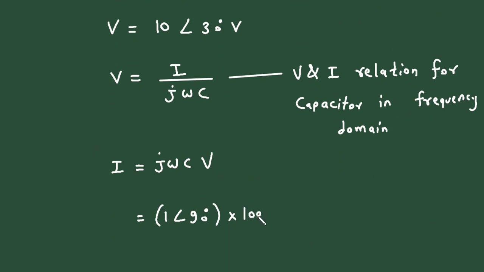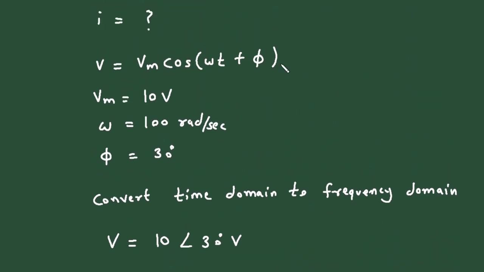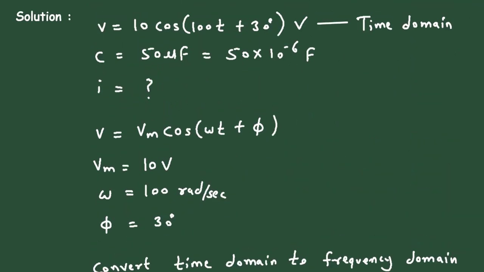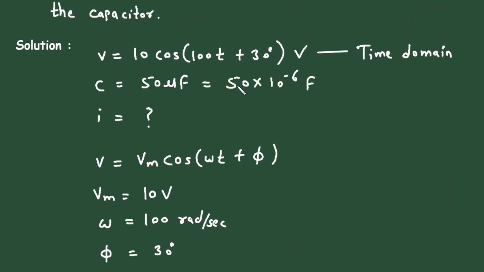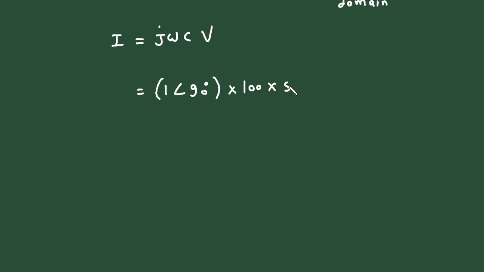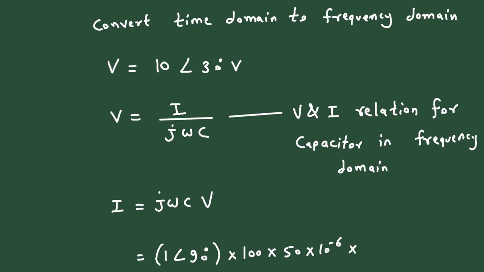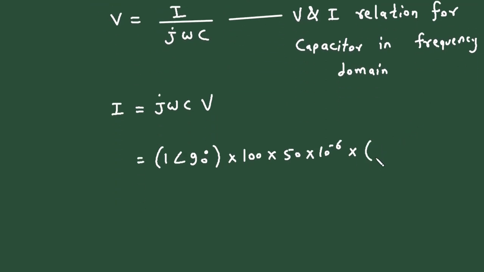So it is 100 multiplied with C, the capacitance, whose value is 50 into 10 to the power minus 6 farad, multiplied with voltage. The value of voltage here is 10 at an angle 30 degree. Now if we simplify this, it will be 1 into 100.